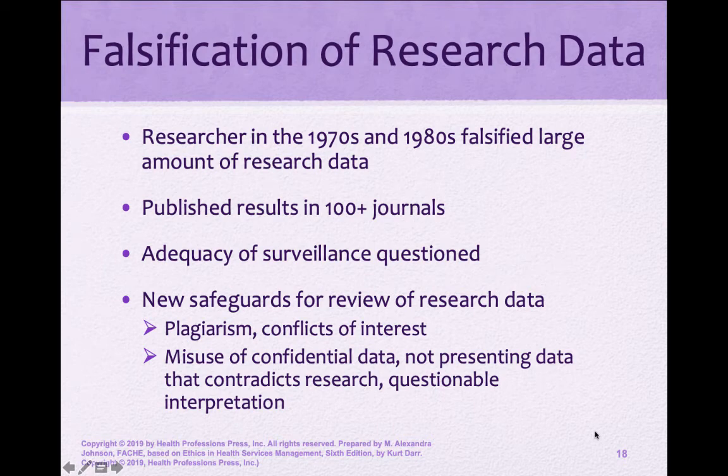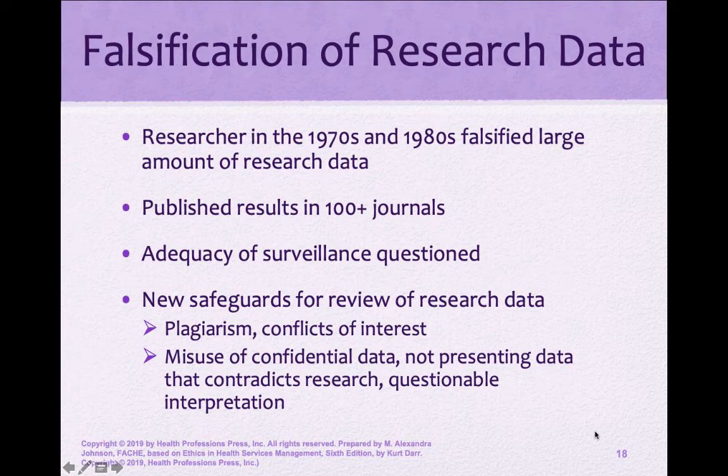Think about the massive nature of the anti-vaxxer movement just here in the United States, and how it was really driven by one falsified research article many years ago. So it's really important that we have solid information in our research, and that we only publish information that is truly legitimate and not falsified.